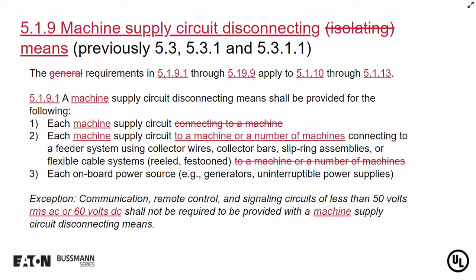It was felt that that was unnecessary, and the term machine was added for consistency in 4 different places. And then finally, you see at the bottom in the exception, we added the words RMS AC or 60 volts DC. I'll get to that in a moment, but let's look at what's going on in this particular section.